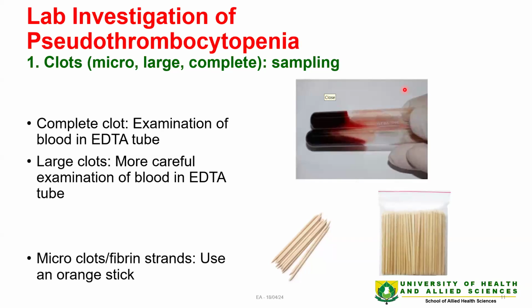So you should be able to establish that the low platelet count you have is a false one, and so there's a need to take a fresh sample to rerun.